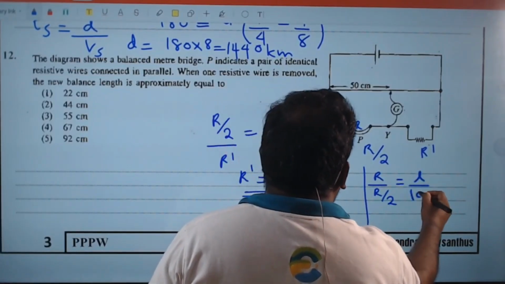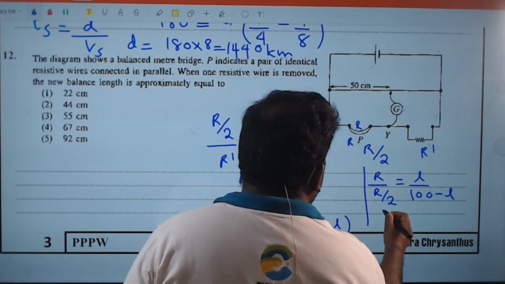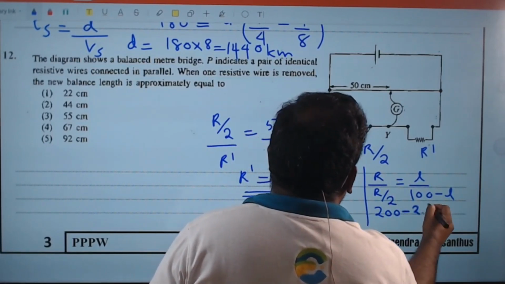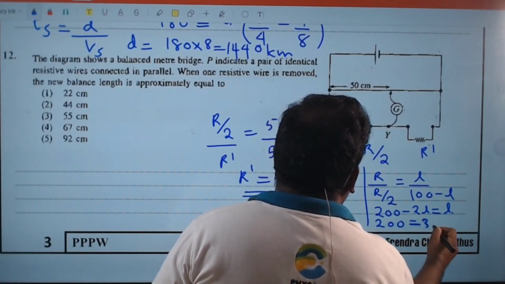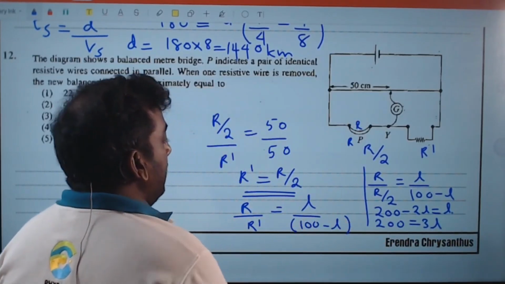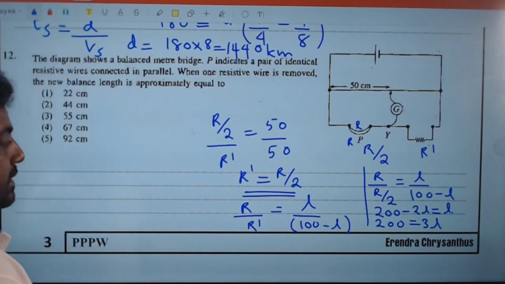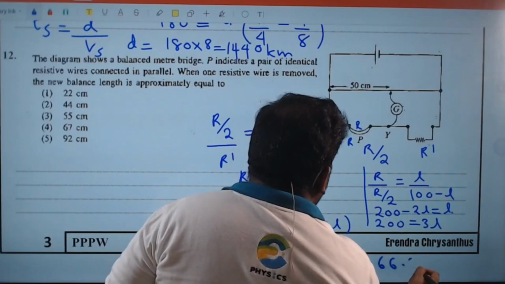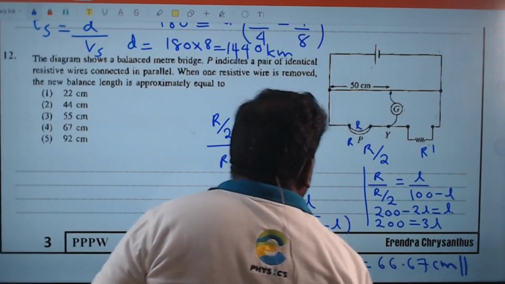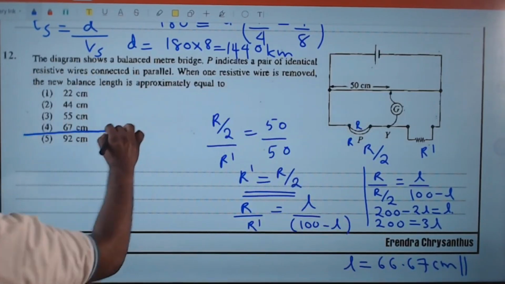L divided by 100 minus L, so 200 minus 2L equals L, which gives 200 equals 3L. L equals 66.67. So L is equal to 66.67 centimeters, which is approximately answer 4.